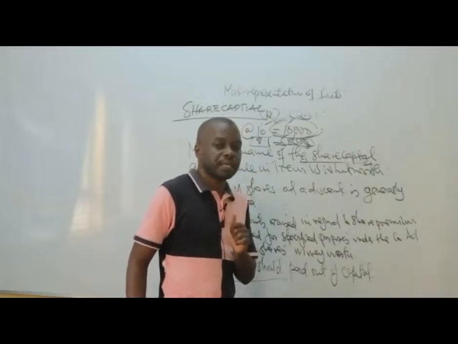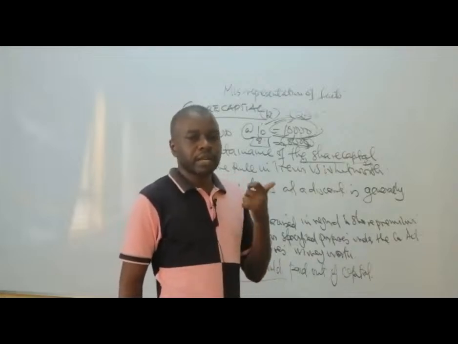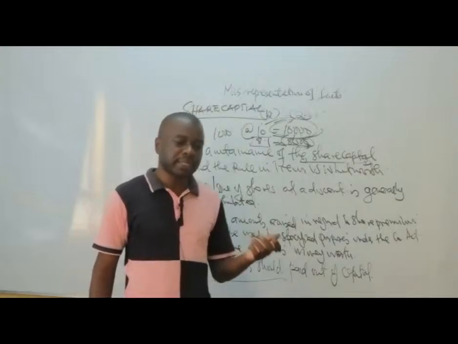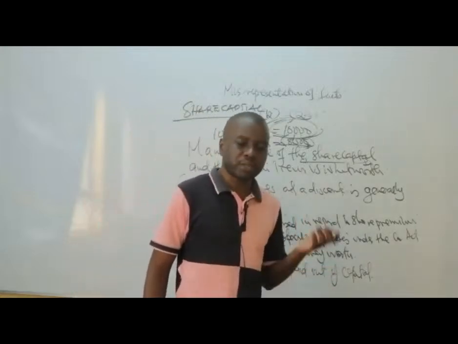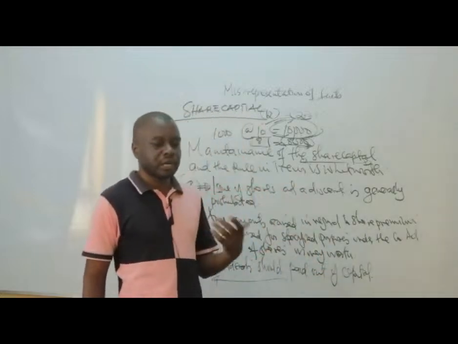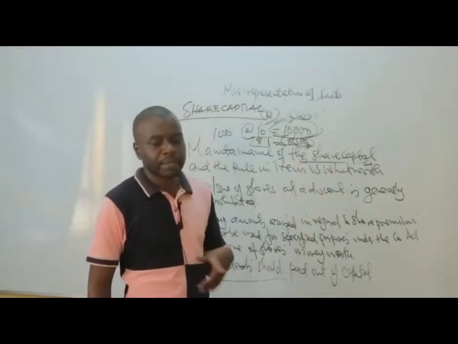Dividends can only be paid out of what we call distributable profits of the company. If the company has not been able to make profits in a financial year, it simply means that the company won't pay dividends to the shareholders. If the company has made a loss, they won't pay dividends. You as shareholders will come out empty-handed in that particular financial year.